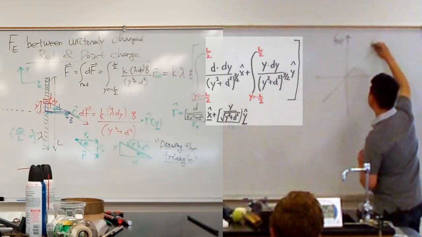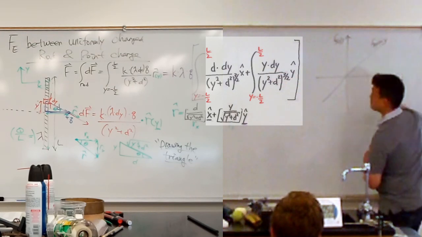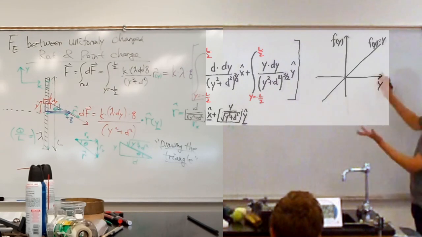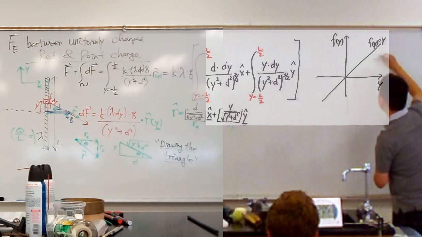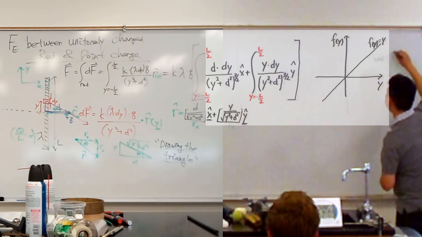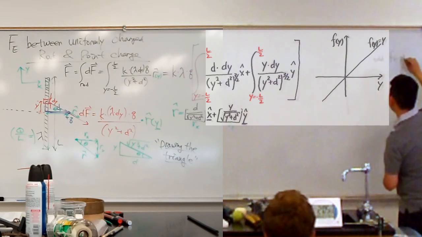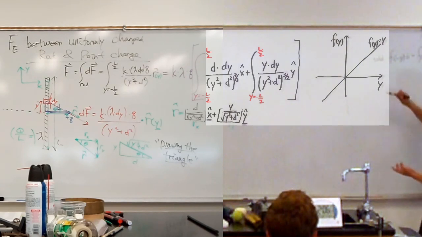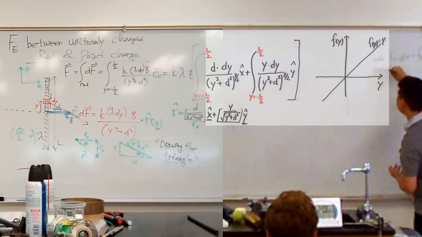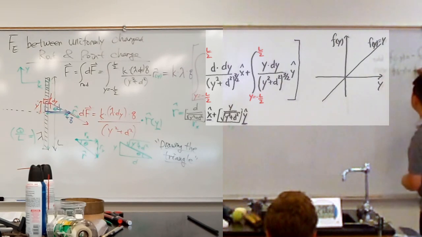This is f of y is equal to y. We call this odd. When we say something is odd, formally this is what we mean: f of minus y is equal to minus f of y. When we call something even, this is what we mean: f of minus y is just equal to f of y.